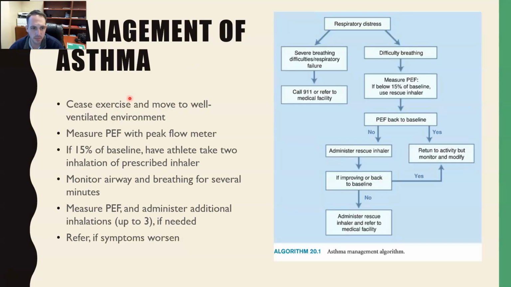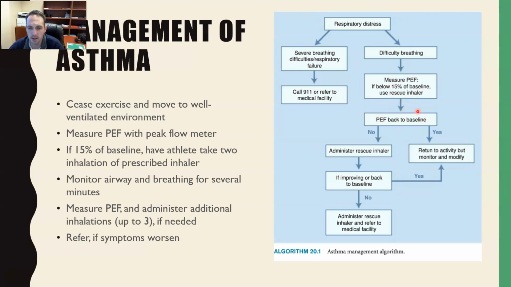Our general treatment is going to depend on how severe it is. If they are in severe respiratory distress or respiratory failure, we're going to immediately contact 911. If it's just difficulty breathing, we're going to measure that peak expiratory flow, and if it's below 15% of baseline, you use the inhaler.